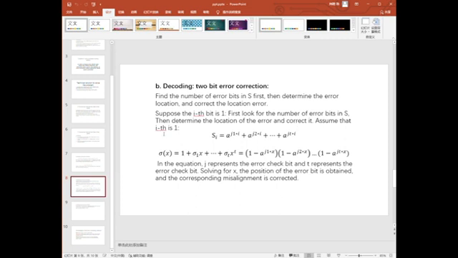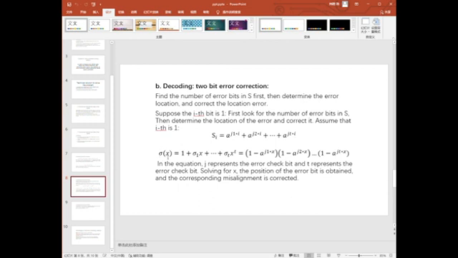Assume that S_i is equal to a to the power j1 times i, plus a to the power j2 times i, until a to the power jt times i.